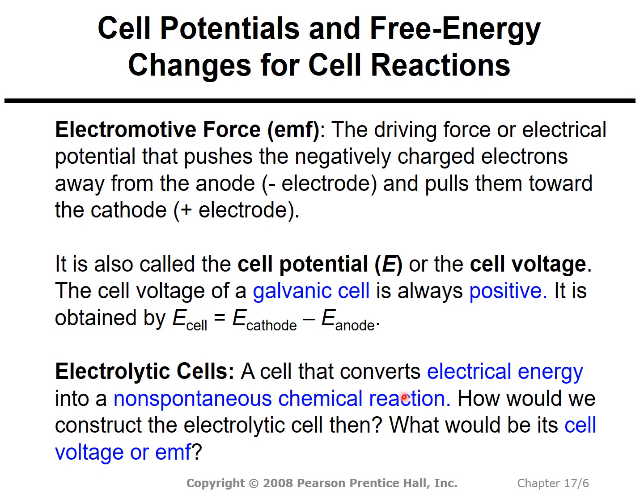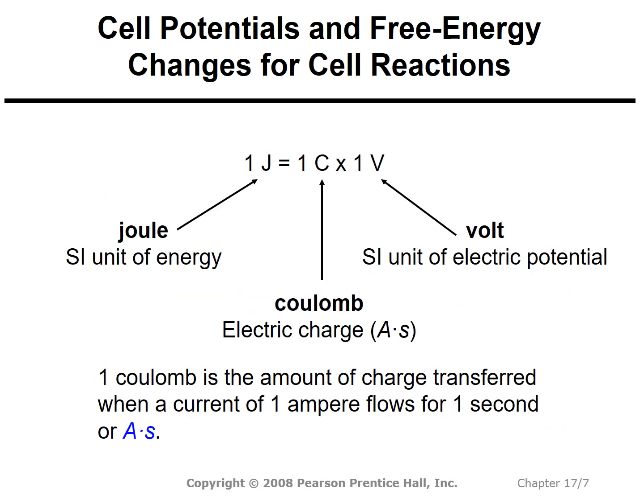So actually, we have two different cells. The first one is galvanic cells, which is based on the second definition of electrochemistry, and the second one is electrolytic cells, based on the first definition of electrochemistry shown in chapter 1a. Still, we are on the cell potentials, and this is the very basic equation. Energy is the product of electric charge and electric potential.